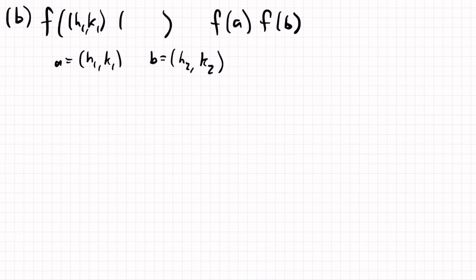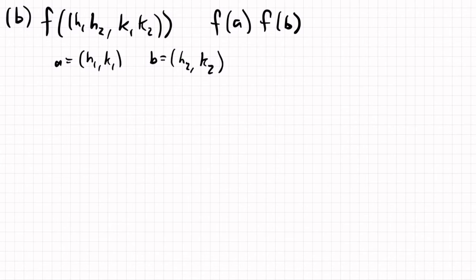This will be H2, K2. And then when you multiply these together, you'll get H1, K1, or will you? No, you'll get H1, H2, K1, K2.